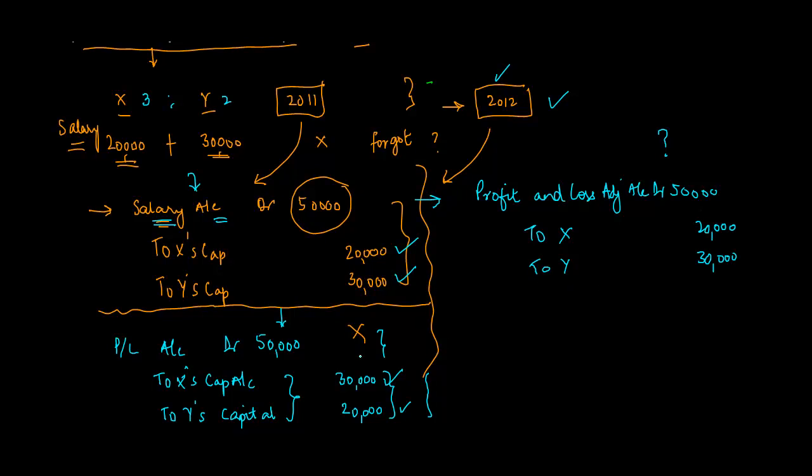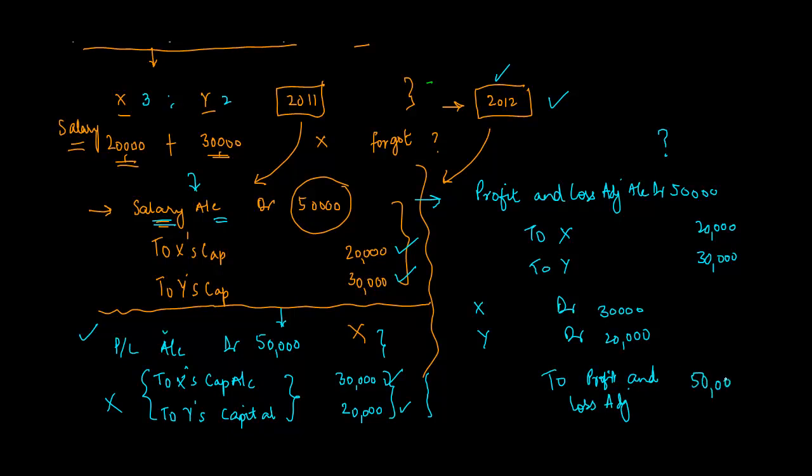These were wrong credits to the accounts of X and Y, so you will debit X and Y by 30,000 and 20,000 respectively. And you debited the profit and loss account last year wrongly by 50,000, so you credit the profit and loss adjustment account, not the profit and loss account, by 50,000.